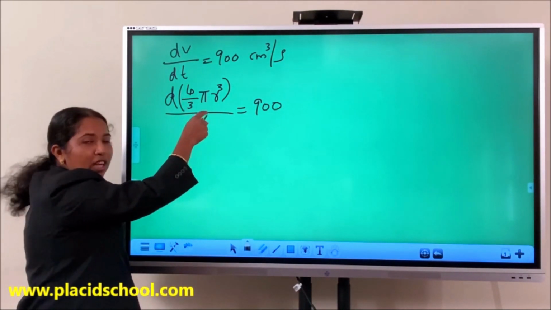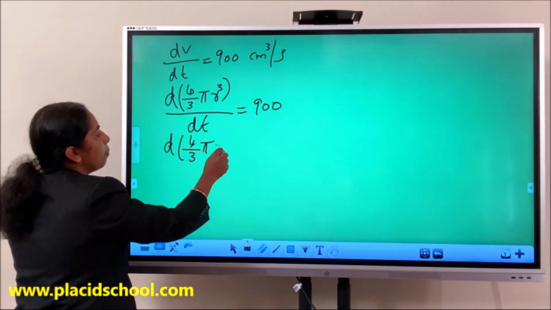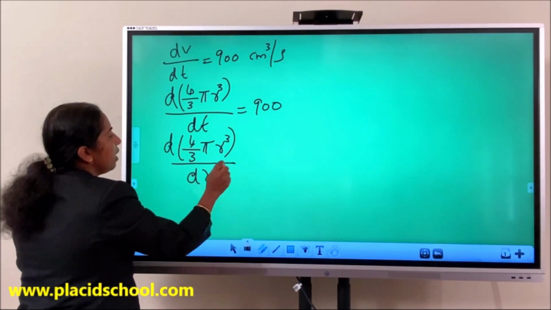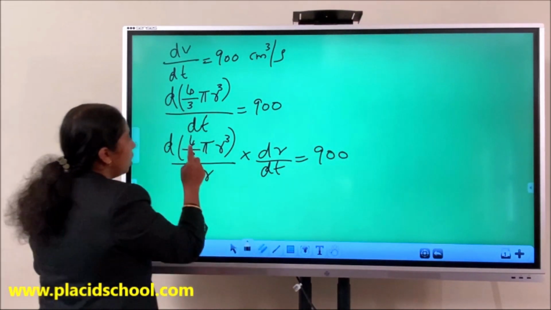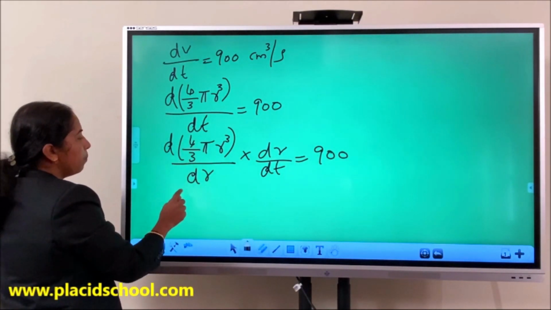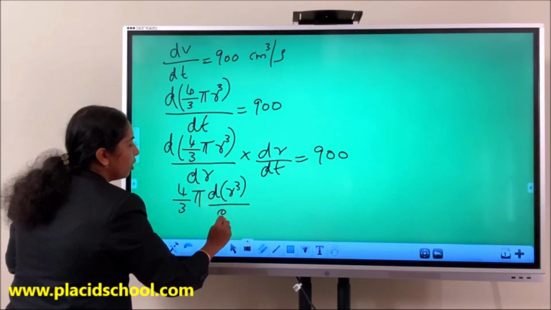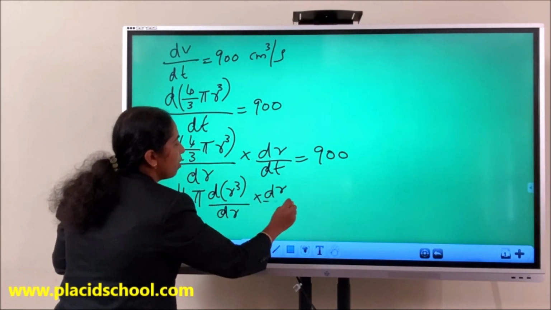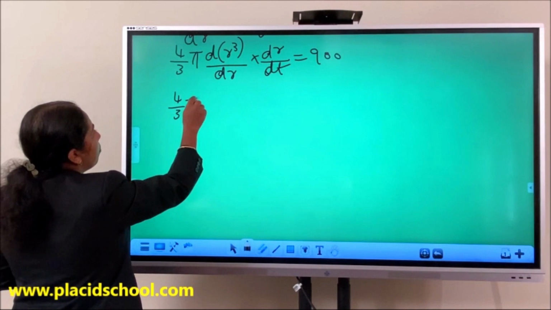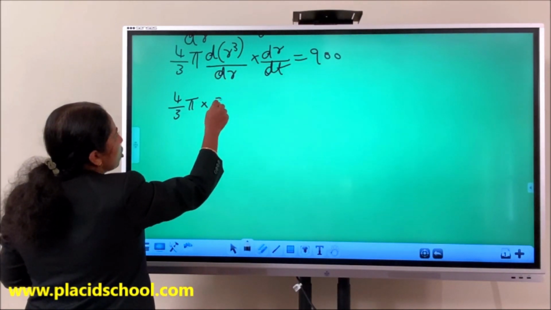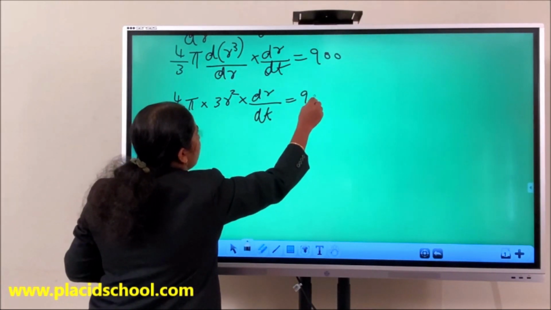For that I am going to differentiate this with respect to r by applying chain rule. So derivative of 4 by 3 pi r cube by dr into dr by dt equal to 900. 4 by 3 pi is a constant, into derivative of r cube with respect to r, which is 3r square, into dr by dt equal to 900.